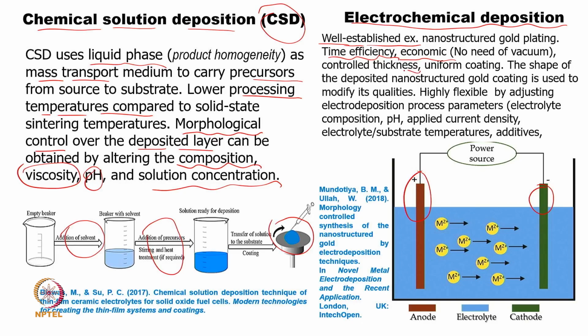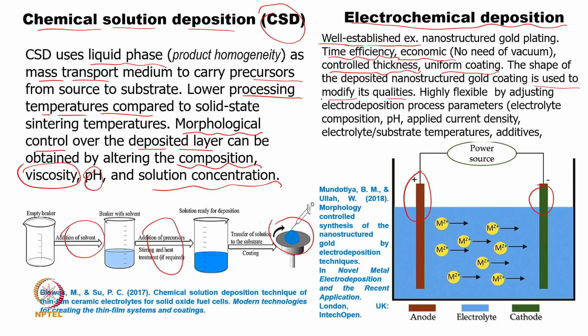Another thing is that good simulation is available: what time, what current, and how much thickness will be deposited if we know the structure or shape of the material. It can go with a uniform coating. So, there are a number of good points about electrochemical deposition.